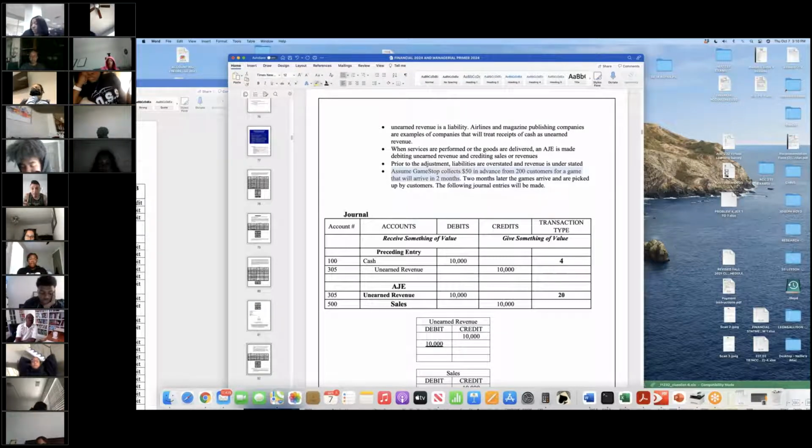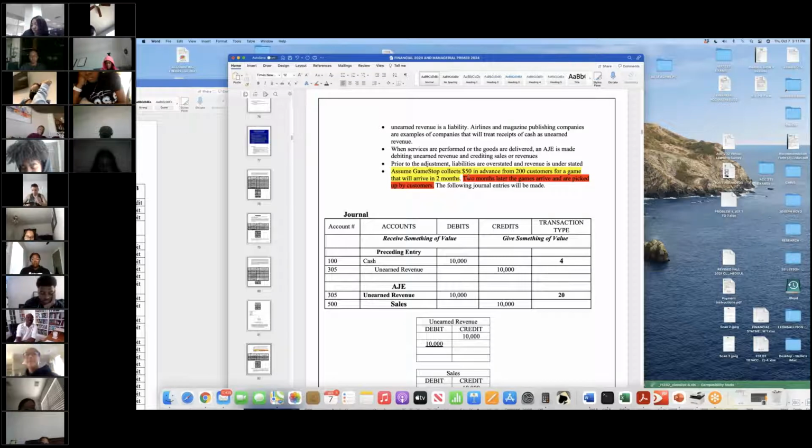Okay, so I'll put that in yellow. That's a transaction. That's a financial transaction that warrants a journal entry. Then when the games are picked up, that's another transaction.